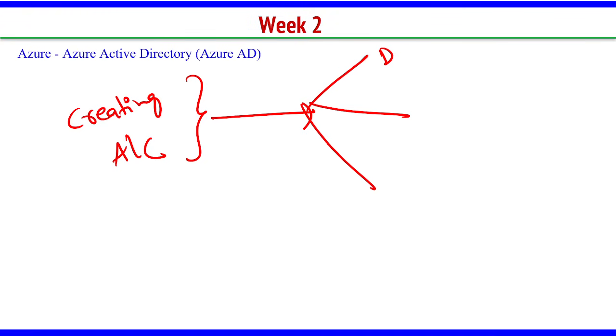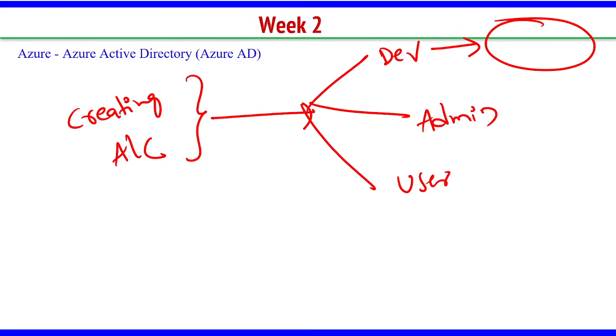If you choose the developer role, after you log in you will see only certain services and cannot access other services. If you choose the admin role and log in, you can see only certain services, not others. Same way for user. So we are restricting them before login itself.